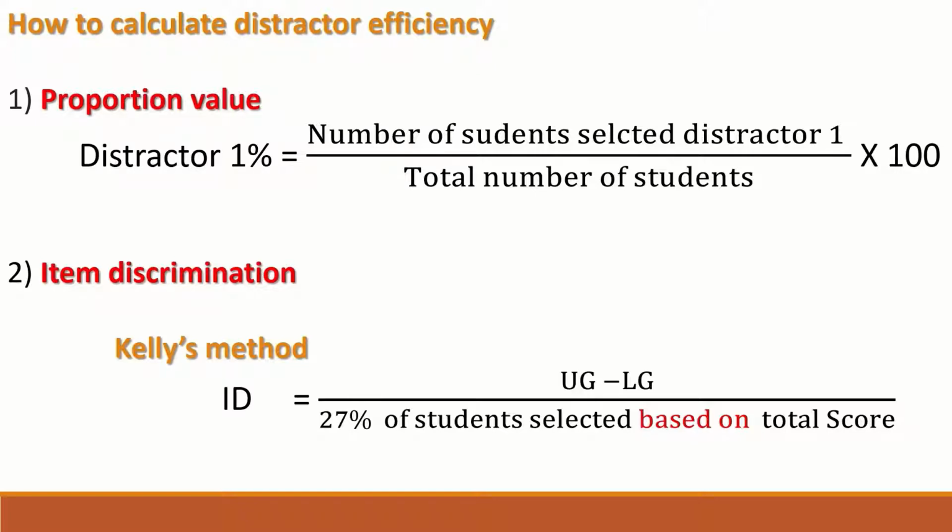ID equals upper group minus lower group, divided by the 27% of the students selected based on their total score.